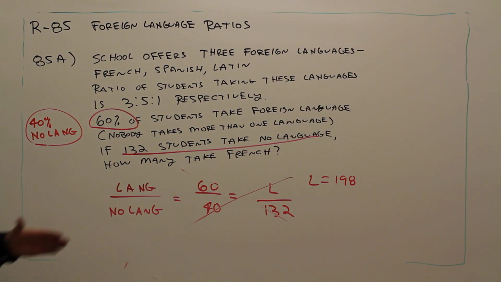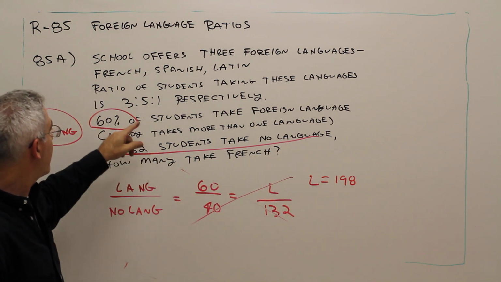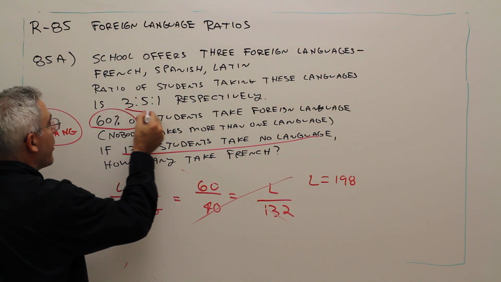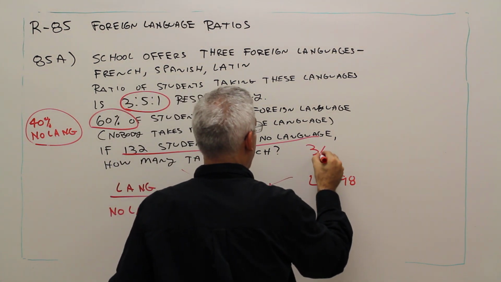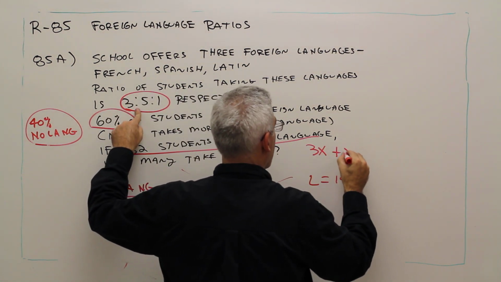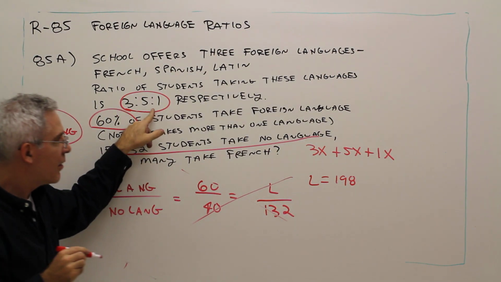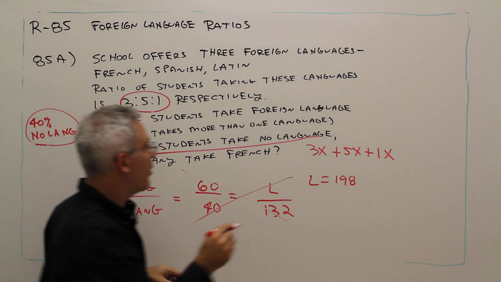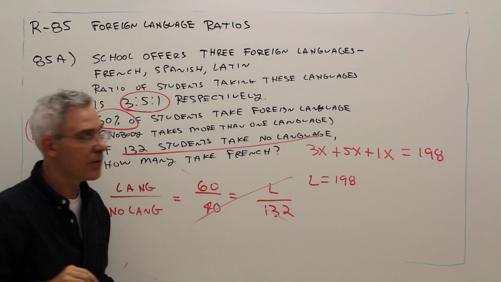Okay, so now that I've got 198 students that take a language, what I could do is use this ratio here. So what I'm going to do is I'm going to say 3x plus 5x plus 1x equals 198.